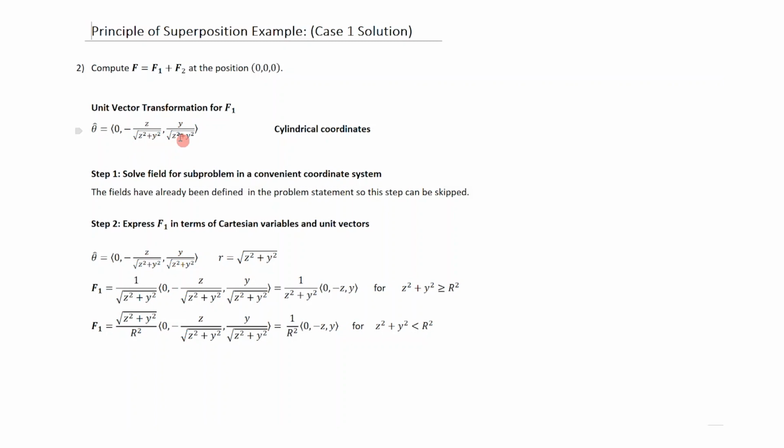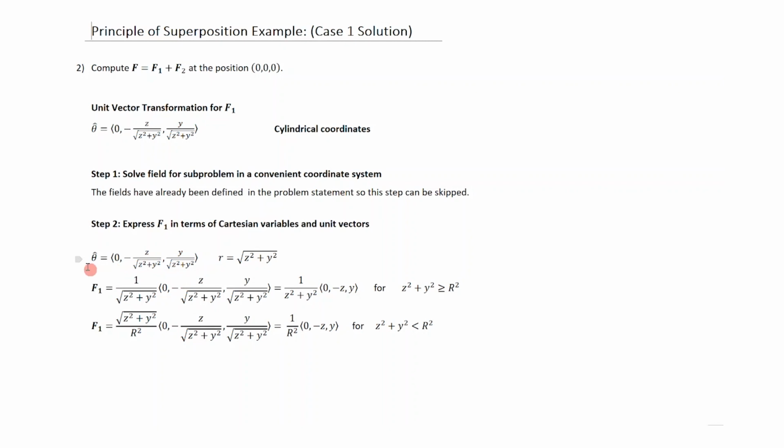All right, so the procedure would be, the first step would be to solve the field for the subproblems in a convenient coordinate system. However, in this problem, we've already given you the field, so we can skip this step. Instead, we move on to step 2, which is to express the field F1, which is in cylindrical coordinates, in terms of Cartesian variables and unit vectors. And so it's just taking this information and transforming it over here.